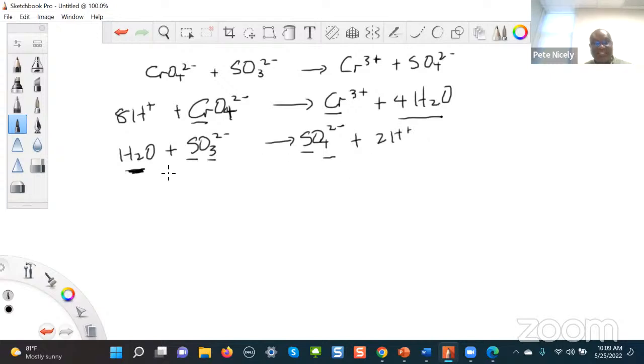Then we get to the charges. And again, this is where students tend to make their mistakes. So in the case of the first half equation, the total charge that we have here is +8 -2, which gives you +6.